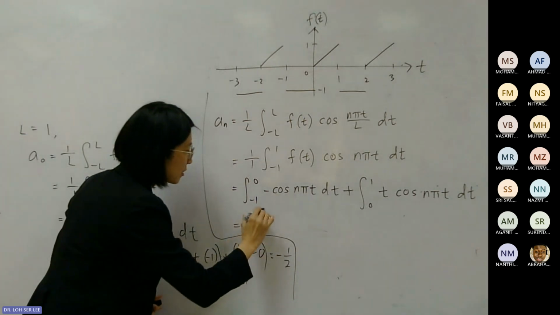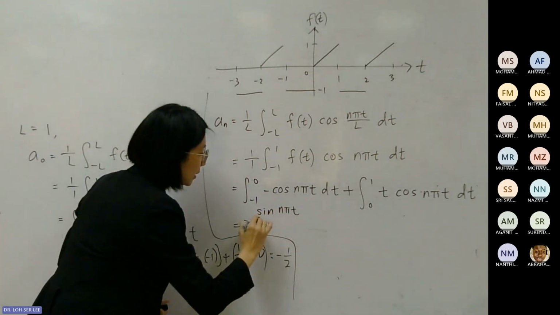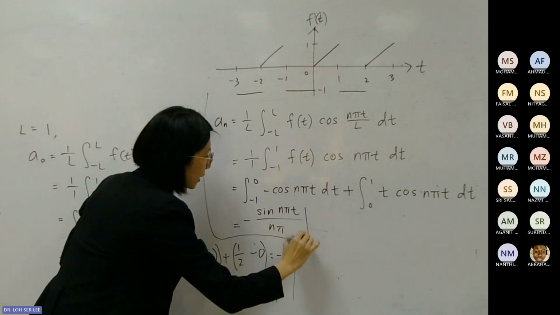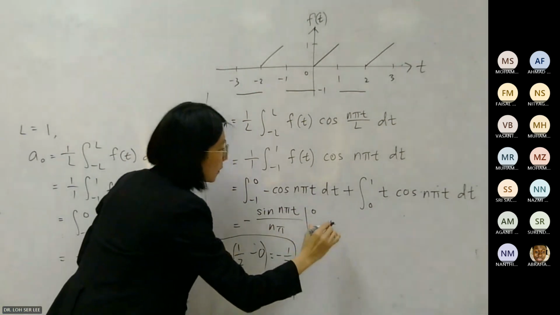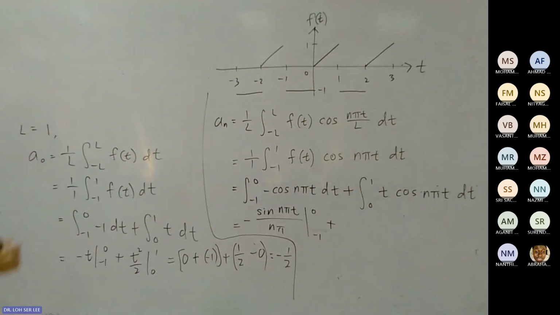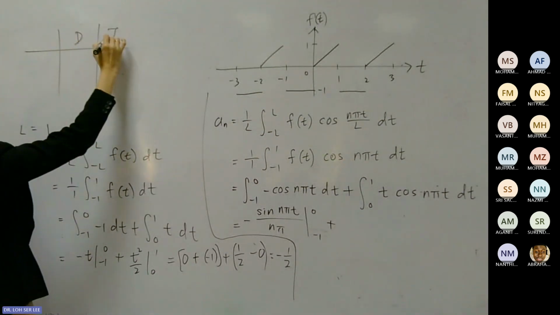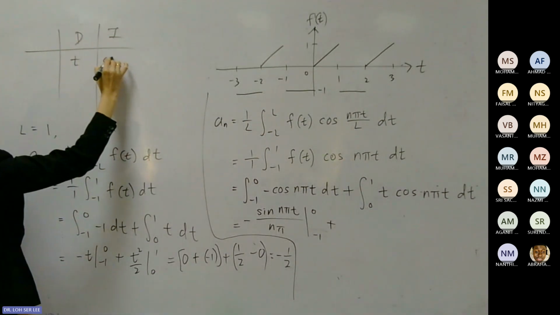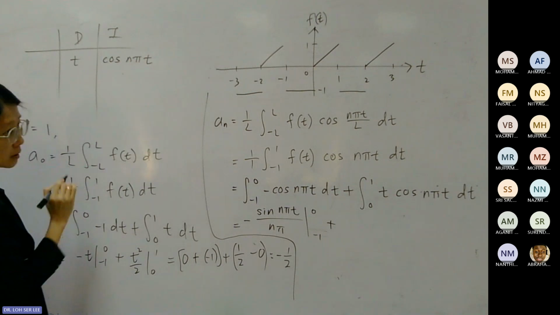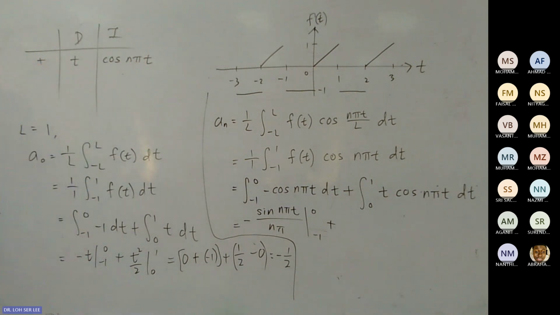Integrate cos, you get a sine n pi t over n pi. And that one you have to use calculus.